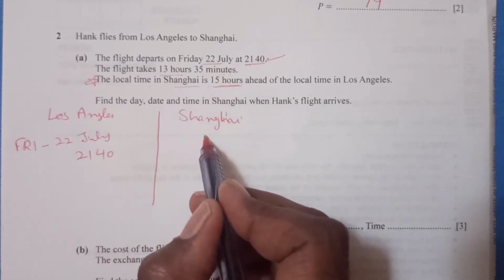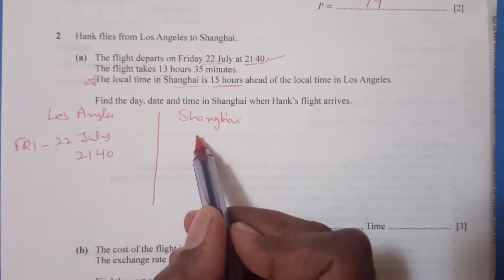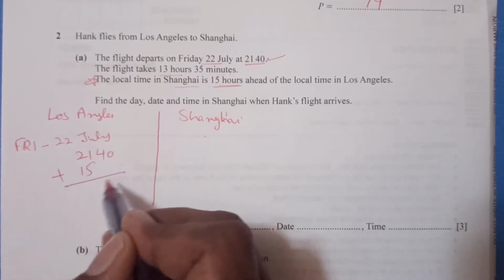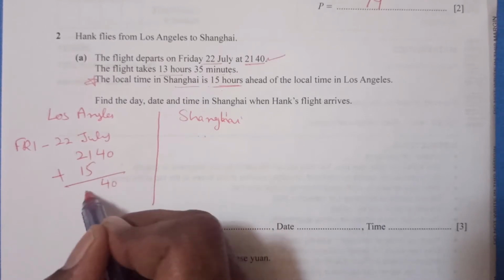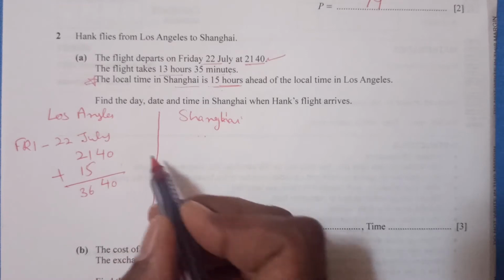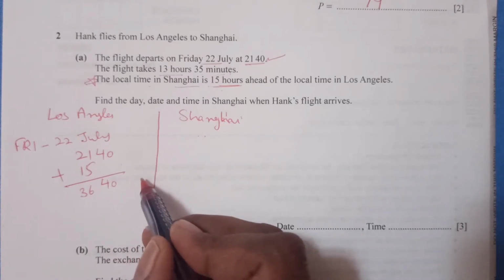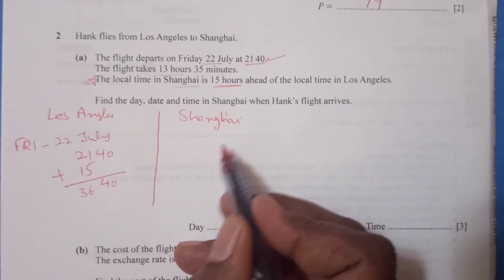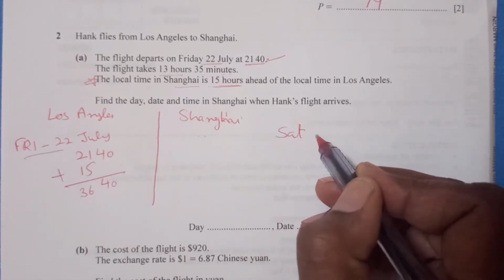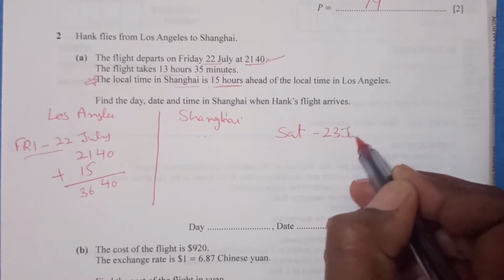So that means at this time, the time in Shanghai will be 15 hours ahead, so we are going to add 15 here. This became 36:40, which is more than 24 hours. So that means this is the next day in Shanghai. It will not be Friday, it will be Saturday, the 23rd of July.